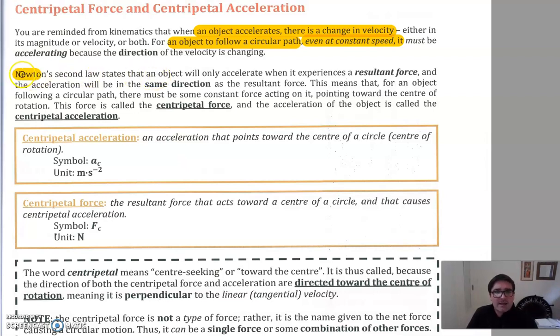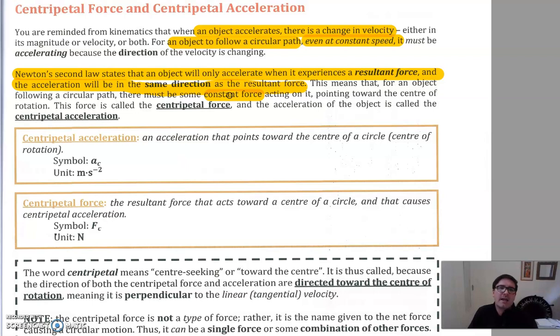And this is what the textbook also says here: it will accelerate if it experiences a resultant force, and the acceleration will be in the same direction as the resultant force. So in the case of an object undergoing uniform circular motion, the force that it experiences is constant, and therefore it experiences a constant acceleration as well.